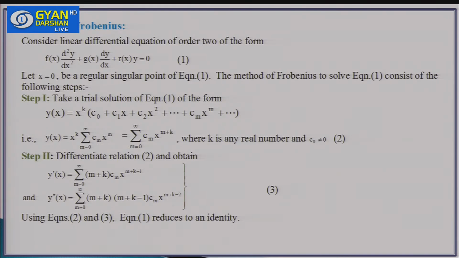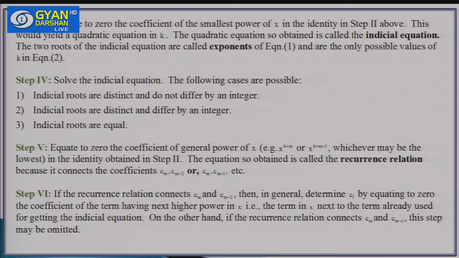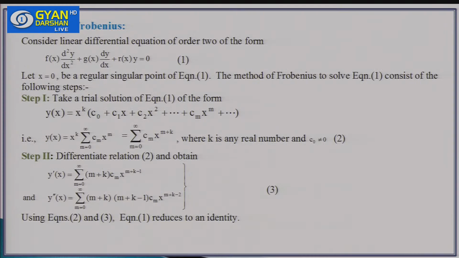Okay, so again the technique is the same. You take the derivatives and put them into the original equation, and you equate the coefficients of x on both sides, and then solve it. After solving it, you take the lowest coefficient. What is the lowest coefficient? If you see the series, what is the lowest power of x? That is when m equals 0, so obviously x to the power k is the lowest power of x.